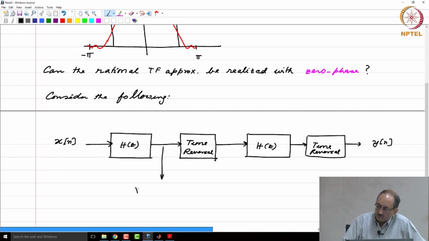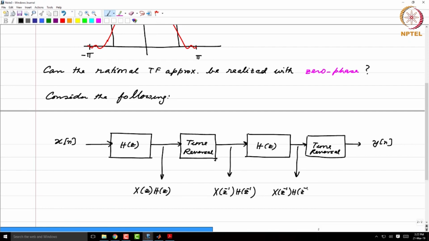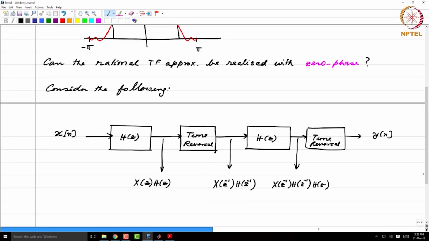At this point, the output is x of z times h of z. At this point, if you time reverse, you are going to replace z by z inverse. Therefore, you have x of z inverse, h of z inverse. Again, you are filtering by h of z. Therefore, this becomes x of z inverse, h of z inverse times h of z. Again, you are going through one more time reversal.